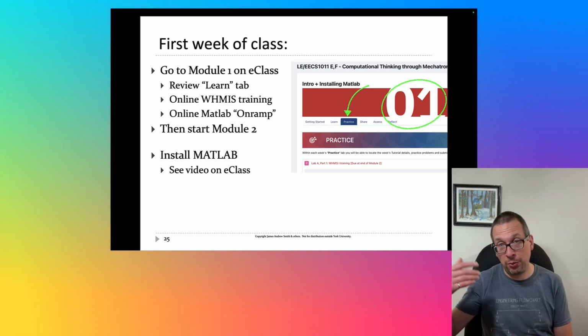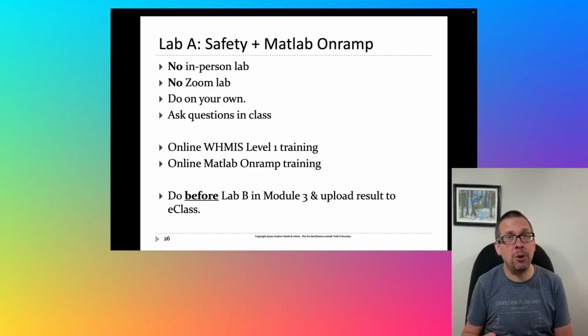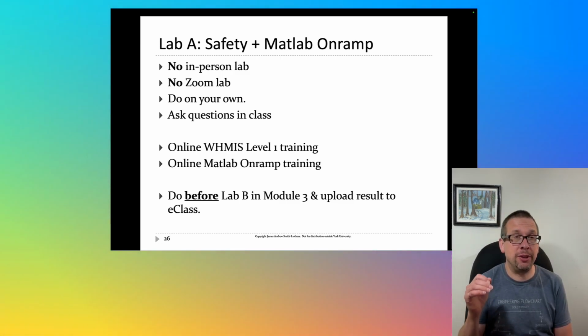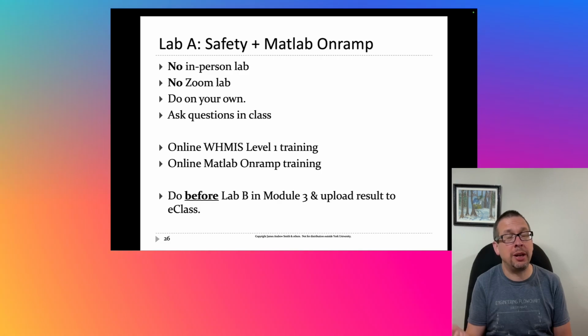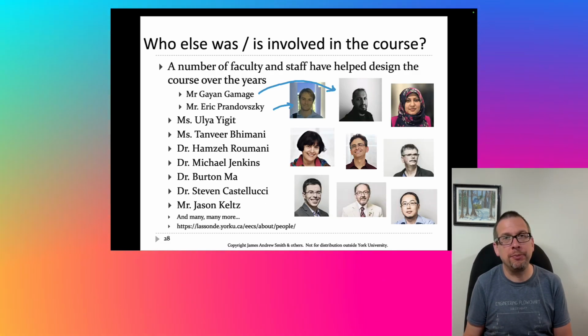Then in week 2, we'll do the module 2 material. Again, lab A is not in person. It's unsupervised. You simply have to do the health and safety training and the MATLAB on-ramp program on your own and submit the certificates that are generated afterwards.